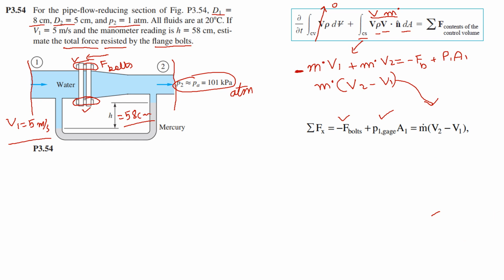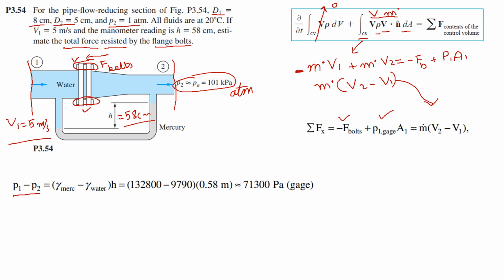That you will have to do for yourself, because we have already done that, and in the previous problem we got our P1 minus P2 as the specific weight of mercury minus the specific weight of water times the differential height between these two inside the manometer, that is this H. So you are going to put the values, that is the specific weight of mercury, the specific weight of water, and the height in meters, and we are going to find P1, because P2 is atmospheric and that will be neglected.